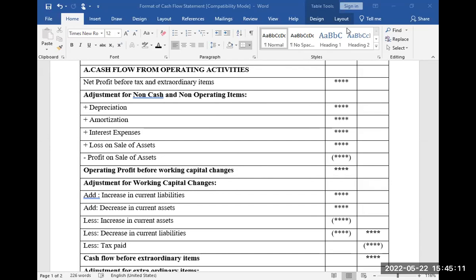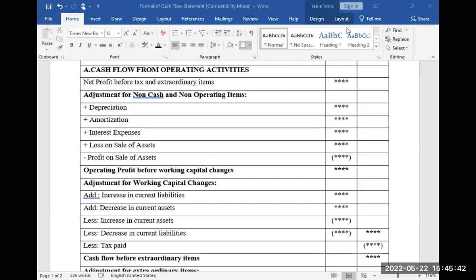Increase in current liabilities and decrease in current asset are similar. Increase in current asset and decrease in current liability are similar. That is less. Logic, I'll tell you why an increase in current liability is added. Increase in current liability means we have kept so much of amount as due.